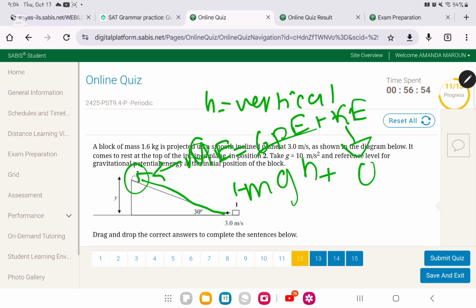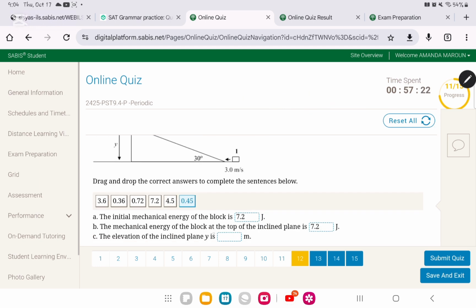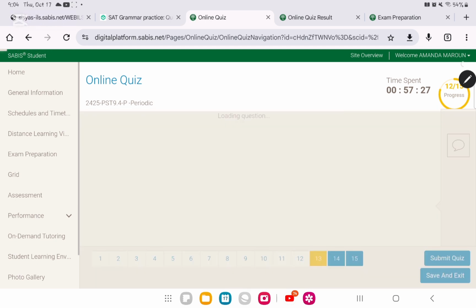So we have that the mechanical energy, which we got to be 7.2, is equal to mgh plus 0. If we solve it, 7.2 is equal to 1.6 times 10 times h. To find h, we move 1.6 times 10 to the other side. It becomes 7.2 divided by 1.6 times 10. We get that h is then equal to 0.45. So like that, we found the height of the inclined plane y.